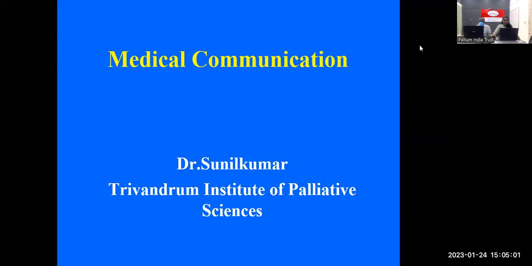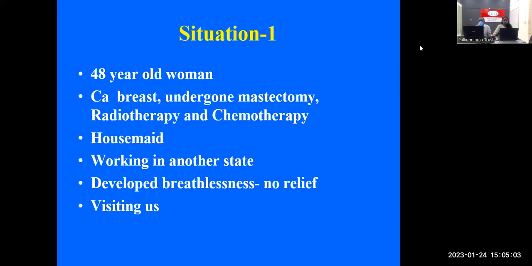So, I just want to explain it with one of my experiences. This was a 48-year-old lady who had a carcinoma of the breast. And as you know, the treatment for carcinoma breast, she had undergone mastectomy followed by radiotherapy and chemotherapy.